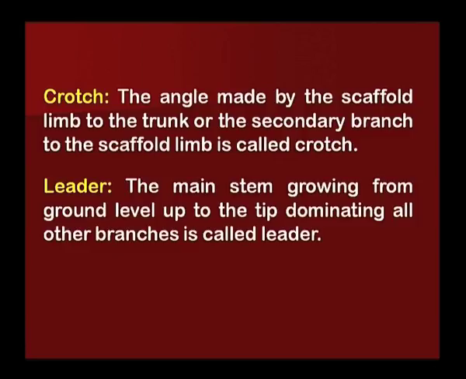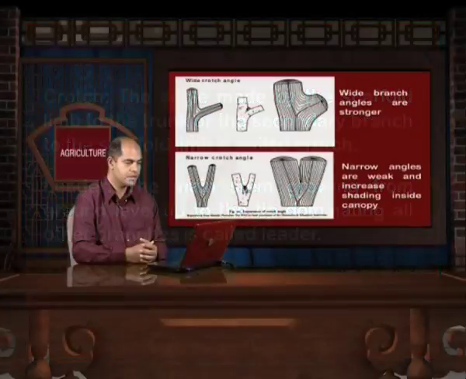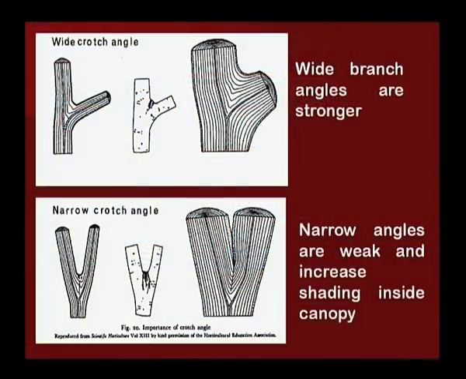The angle made by the scaffold limb to the trunk, or the secondary branch to the scaffold limb, is called crotch. The main stem growing from ground level up to the tip, dominating all other branches, is called leader. This slide shows the wide crotch angle and the narrow crotch angle.